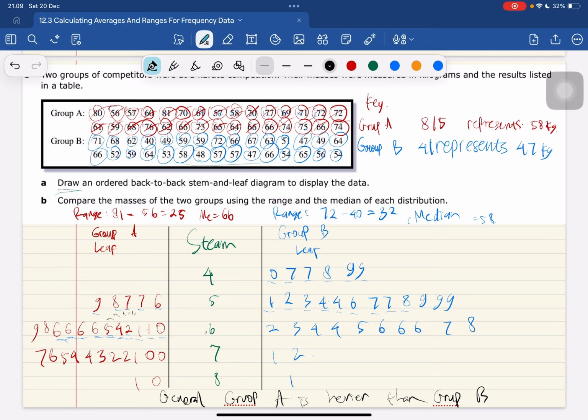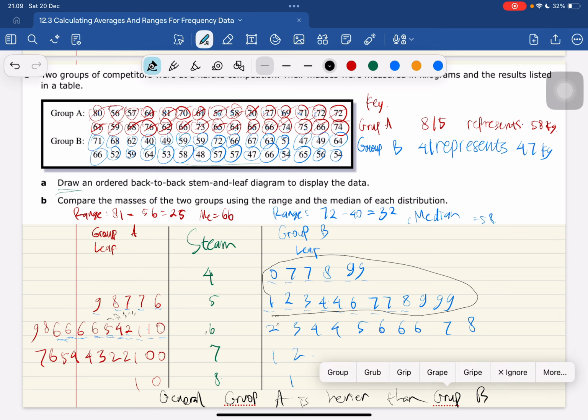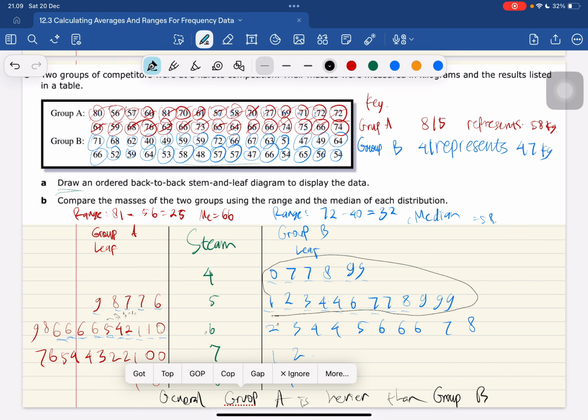In group B, 18 competitors weighed less than 60, as we can see. So if we compare, group A is heavier than group B. I think there it is. And yeah, thank you.